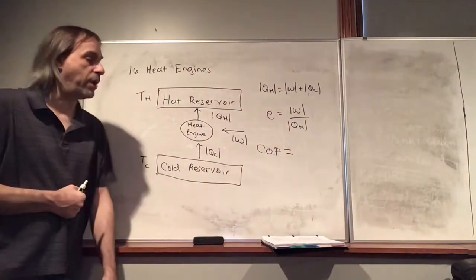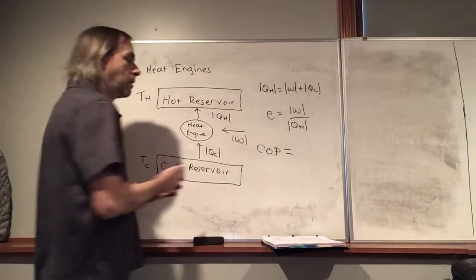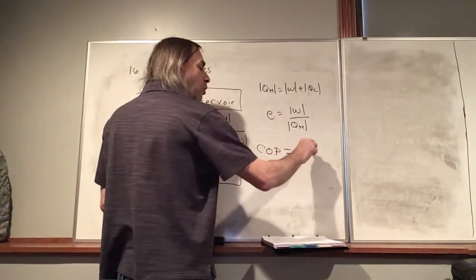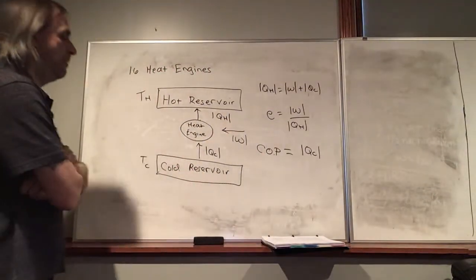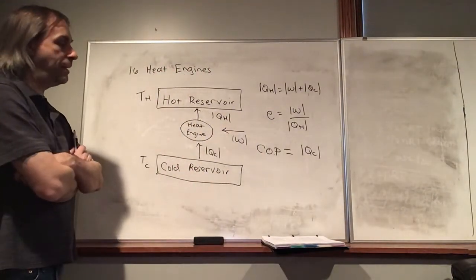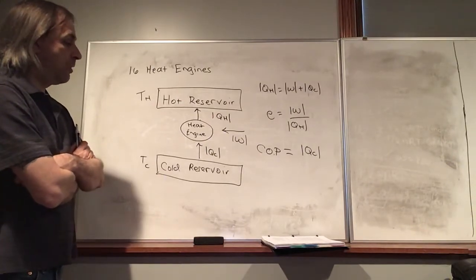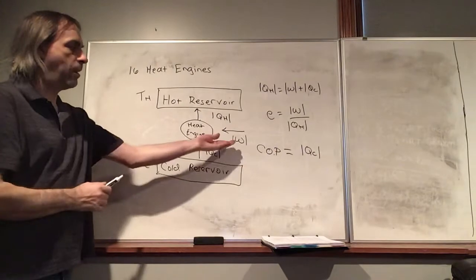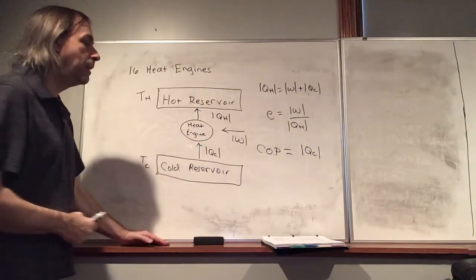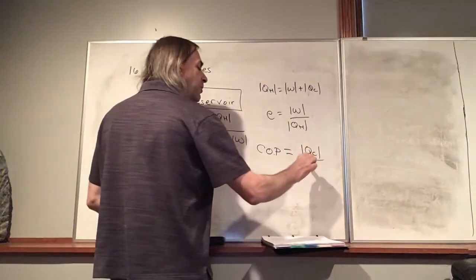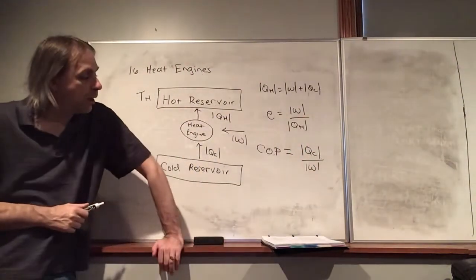In a refrigerator, we want to take heat out of this cold reservoir. The more we can do, the higher the coefficient of performance. So that would be QC. But the more work we have to put into it, the worse performing this refrigerator is. And so we define coefficient of performance as QC over W.